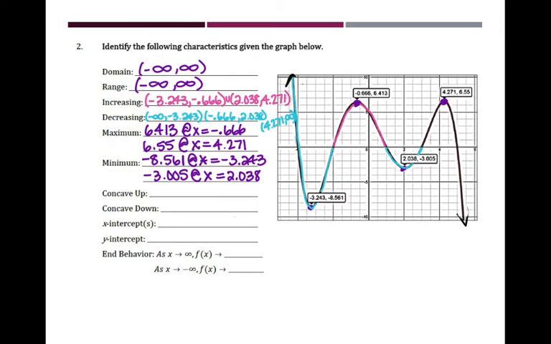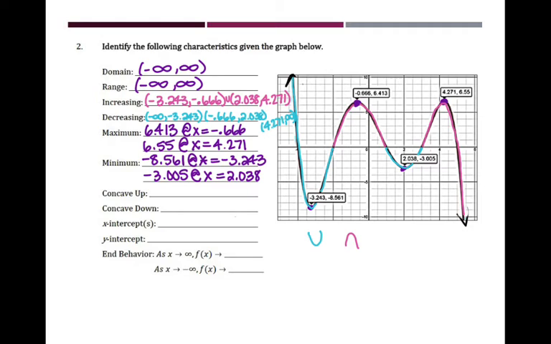And right about there, it switches to concave down. And it keeps going. So once again, when things are concave up, almost looks like a parabola opening up, and concave down would be similar to a parabola opening down. So you can kind of see how it shifts at your x-intercepts.